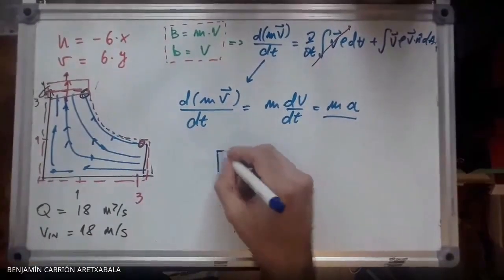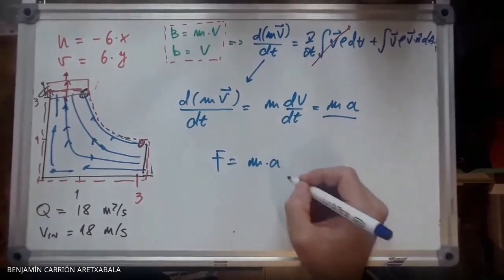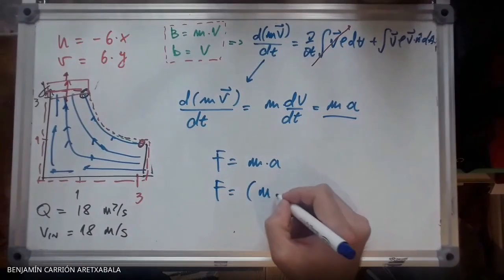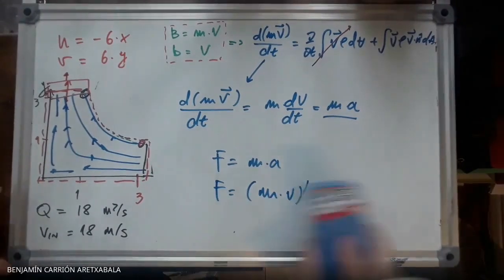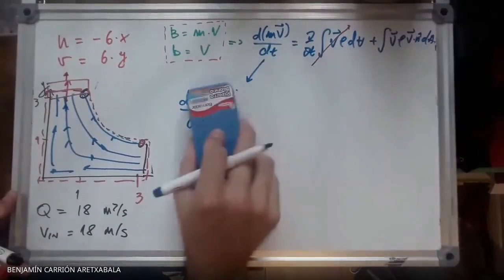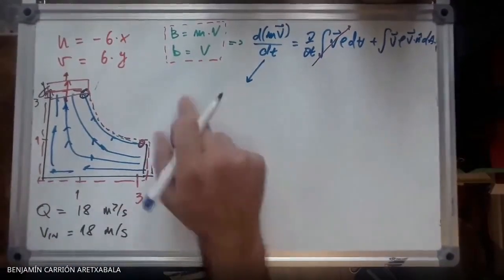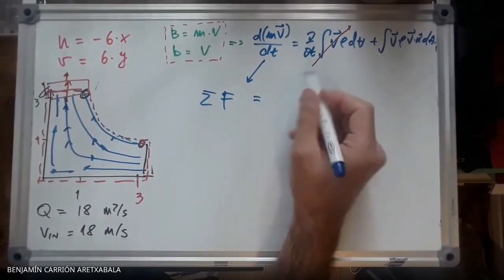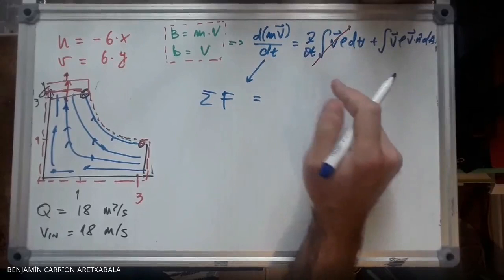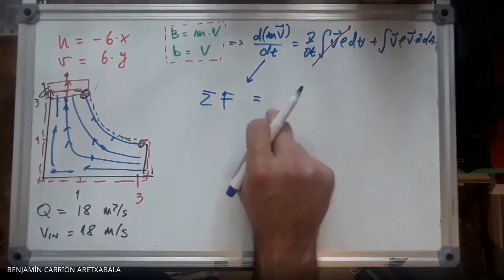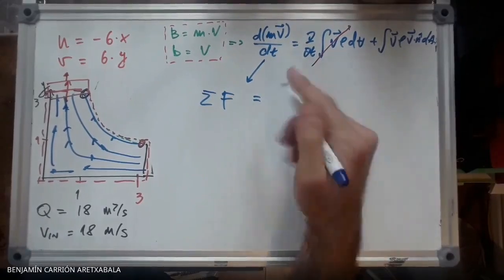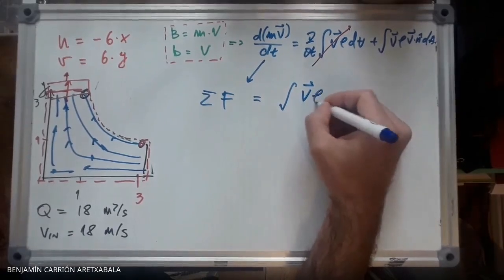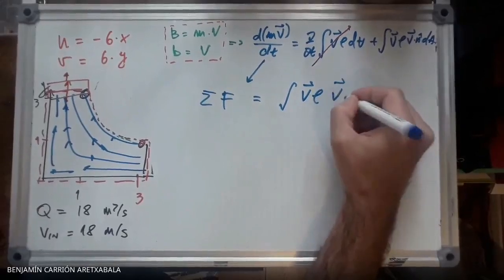So really, when you say F equals ma, it's really F is mv prime. All right. Okay, but you should know that. So this is really the sum of forces. The sum of forces are going to be equal to the change of momentum within the system, which is normally 0, plus the sum, the integral of flux of momentum.